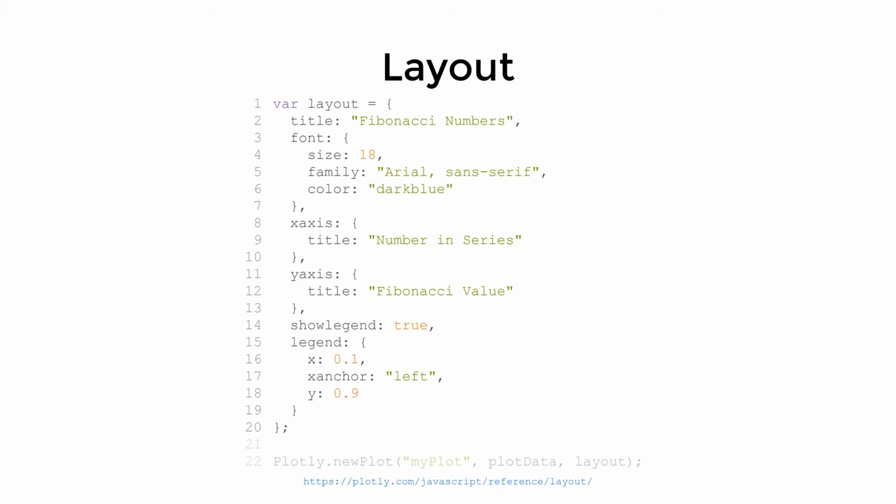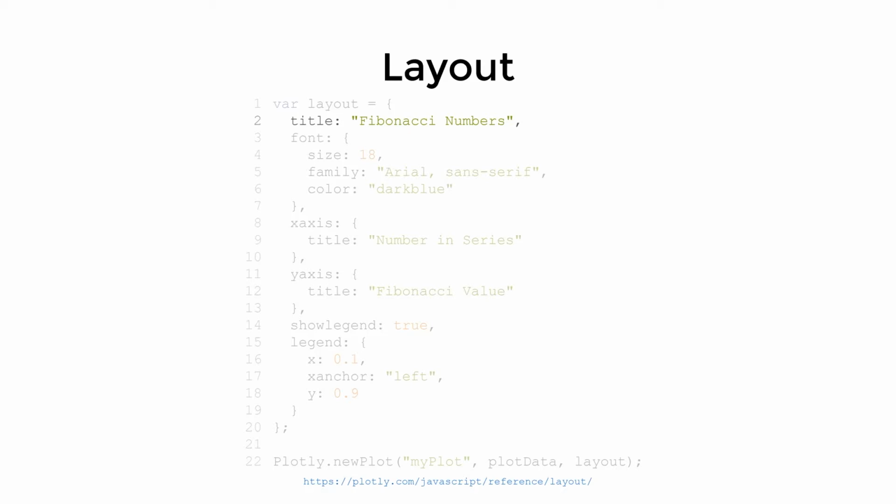The way that we do this is to create an additional variable called layout, and inside that variable we can put optionally any of those additional pieces of information that we need, as well as starting to change some of the look and feel of our plots. So let's go through this one by one and see some of the values that we can put inside our layout object. Firstly, a title.